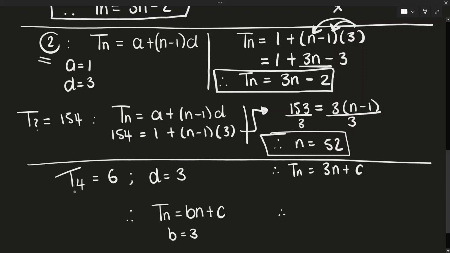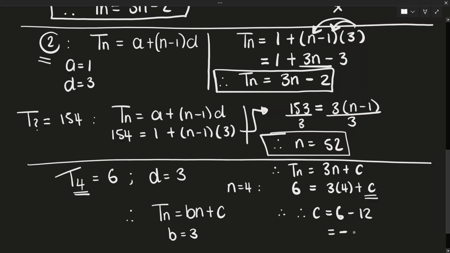Now, you know that when n is equal to 4, you get 6. So therefore, 6 is equal to 3 times 4 plus C. Right? So now you're substituting values and you're going to just solve for C. So to solve for C, you simply say 6 minus 12.